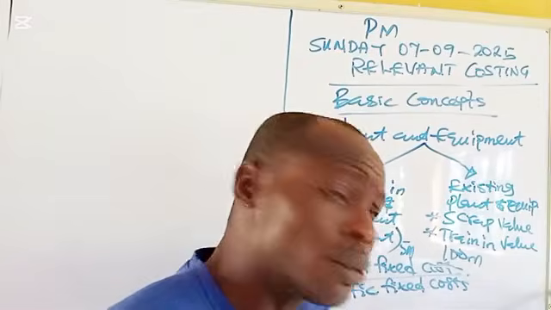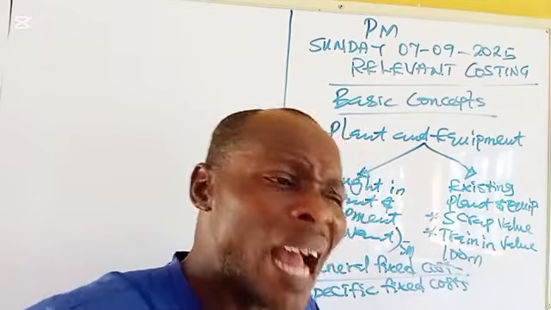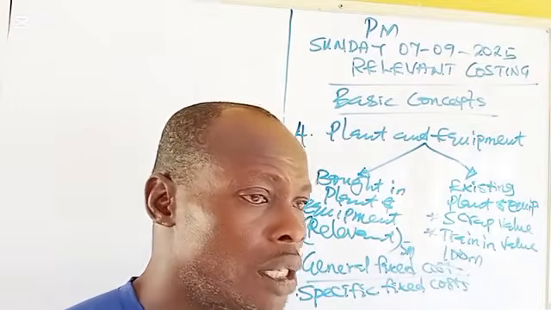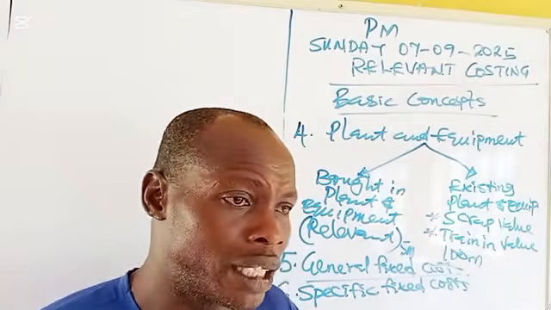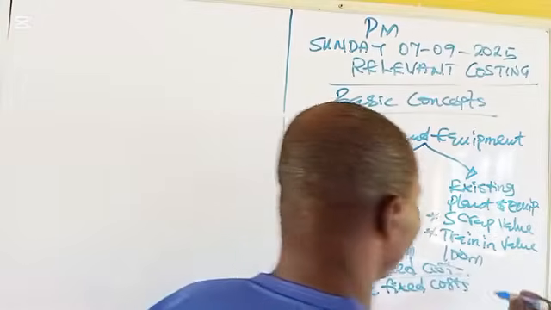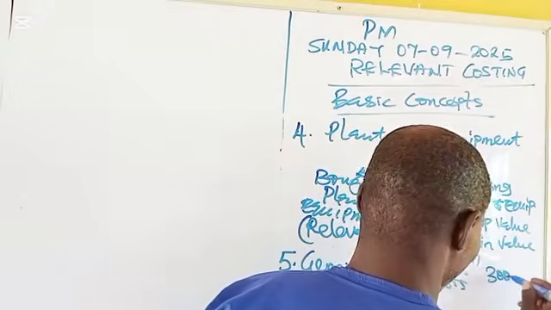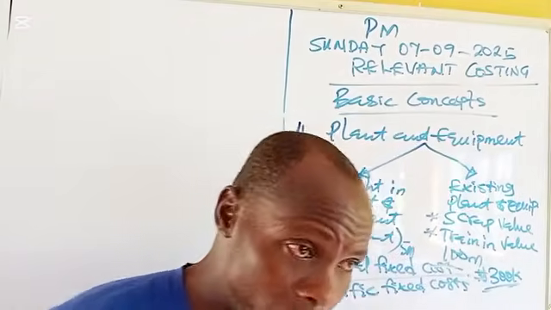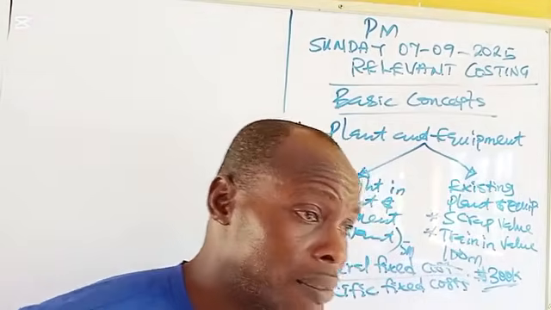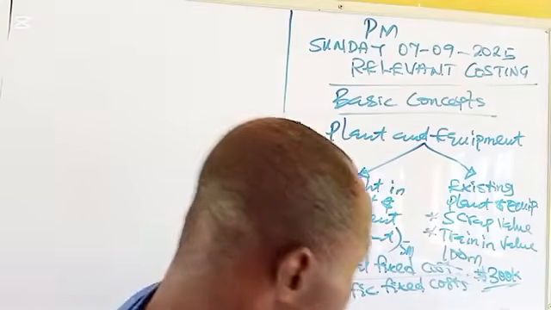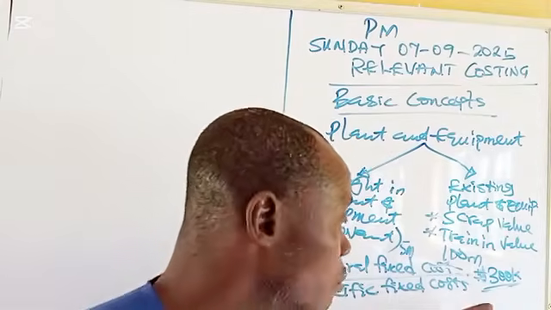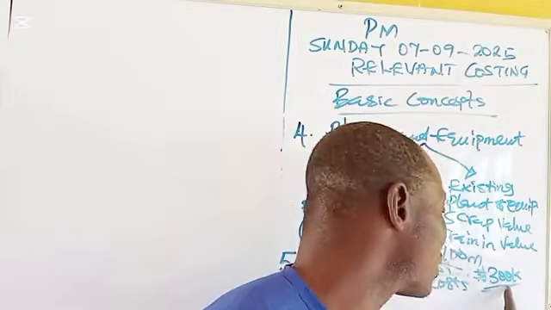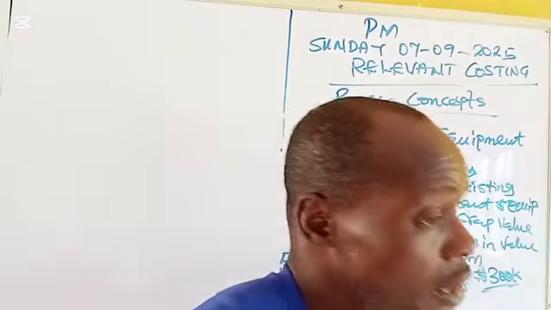Because of that decision, you are having additional elements. For instance, a class in St. Matthias, the amount I'm paying for renting a class is 300,000 naira. Let us assume this 300,000 class can only contain 50 students.